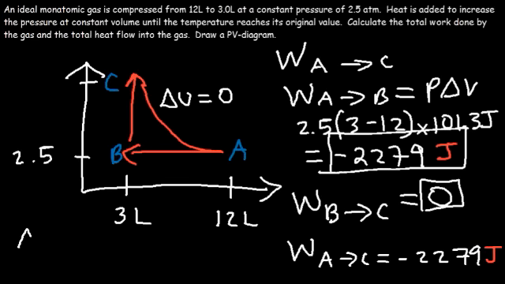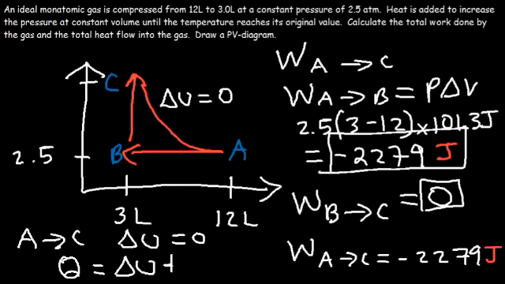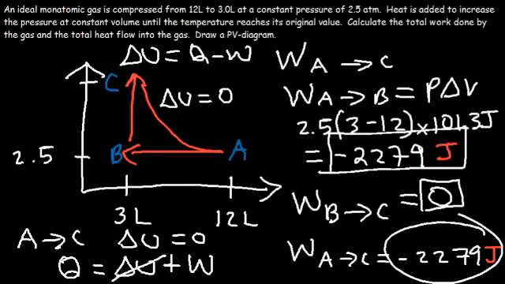So from A to C, delta U is equal to 0, which means that Q is equal to W. Q is W plus delta U, based on this equation, if you rearrange it. So if delta U is 0, Q is equal to W, which is negative 2279.